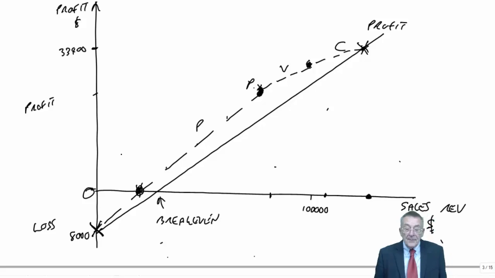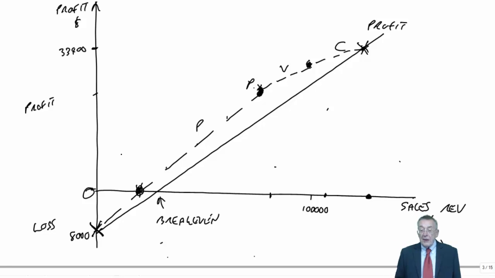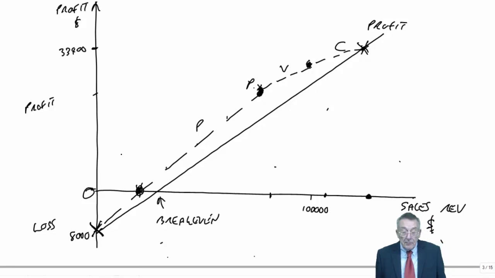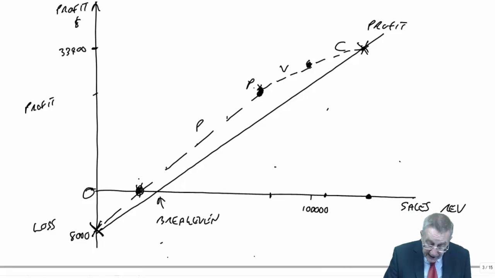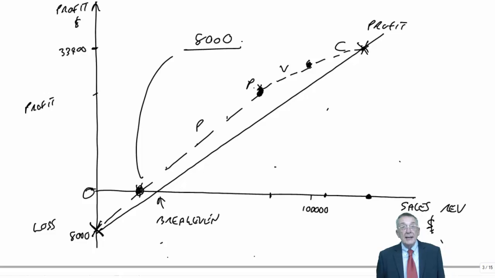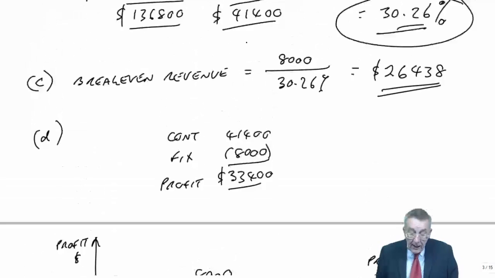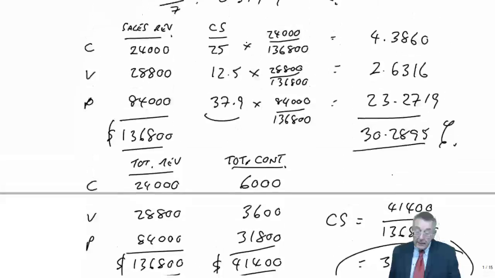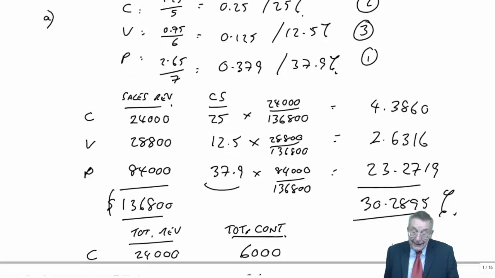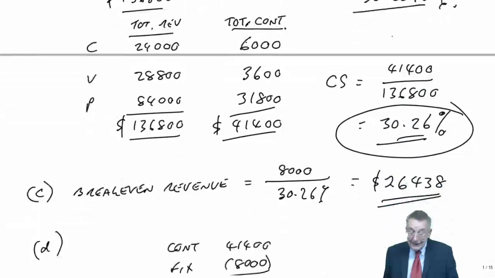But since you can see that at the new break-even, we're only selling P, the new break-even will be the fixed overheads, as always, divided by P's CS ratio. And I would have to wind all the way back to remind myself what it was. It was 37.9.